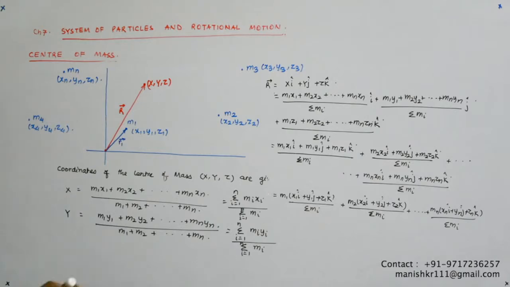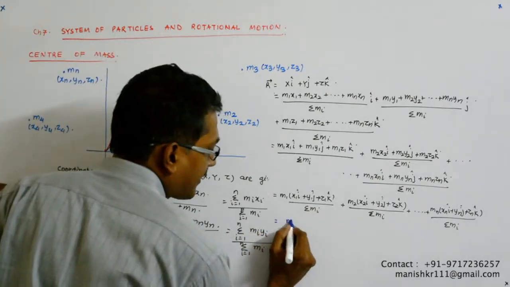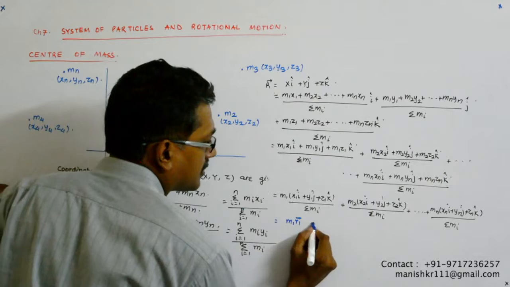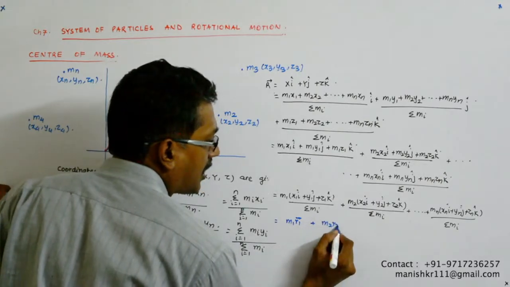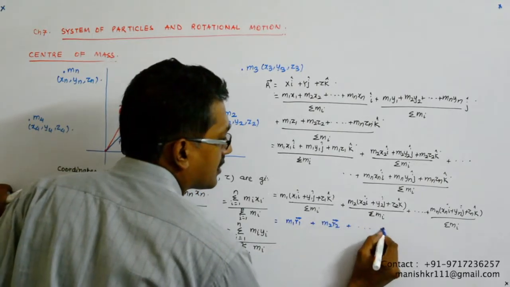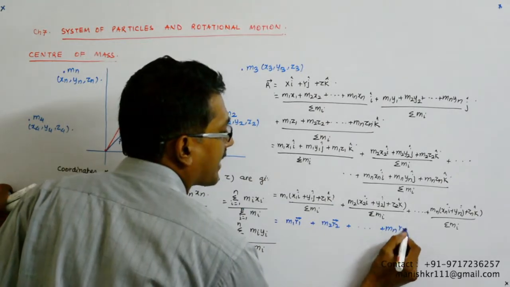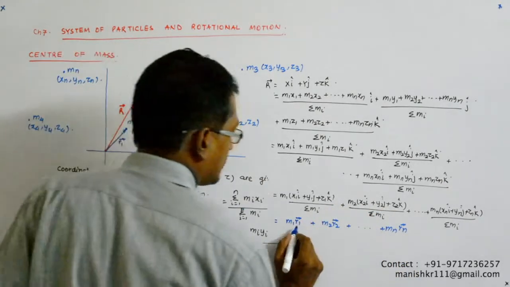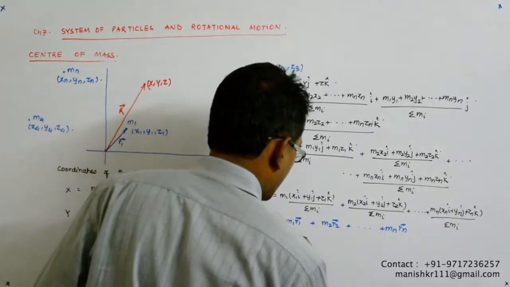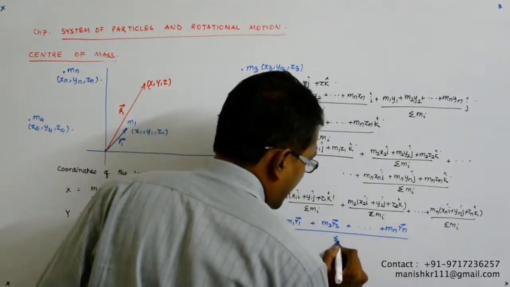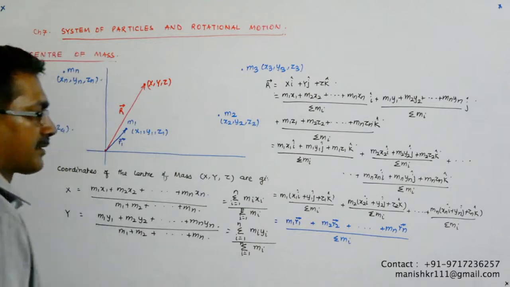So this is actually m1 r1 plus m2 r2 plus mn rn upon, since the denominator is the same, that remains as summation mi.